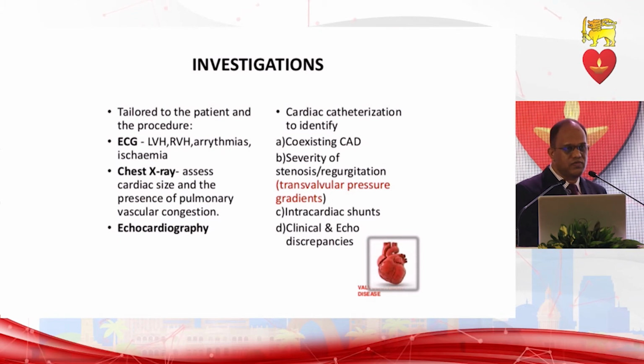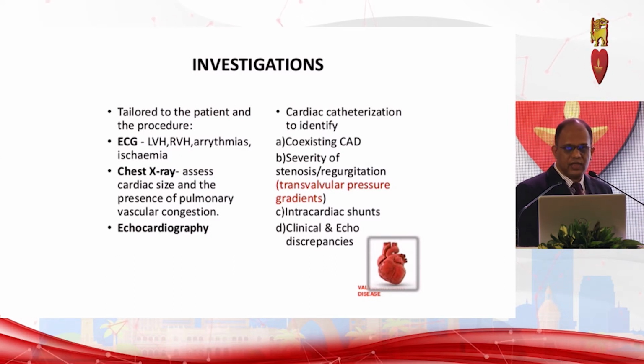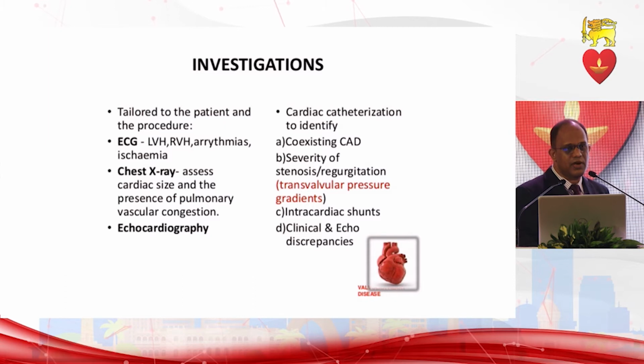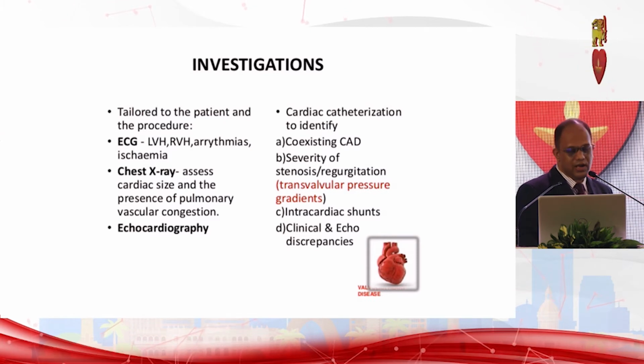What investigations should we do to diagnose valvular heart disease? First, after the history and examination, the simplest test is the ECG. The ECG is sometimes very non-specific, but it can give a clue to the possible differential diagnosis. We can diagnose chamber enlargement, arrhythmias, and sometimes coexisting ischemic heart disease.